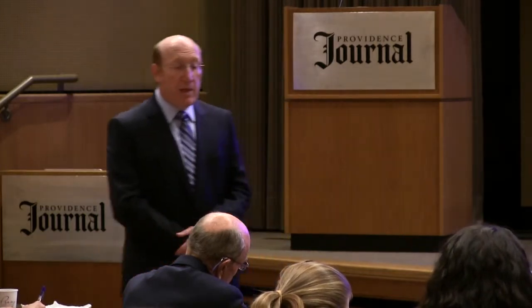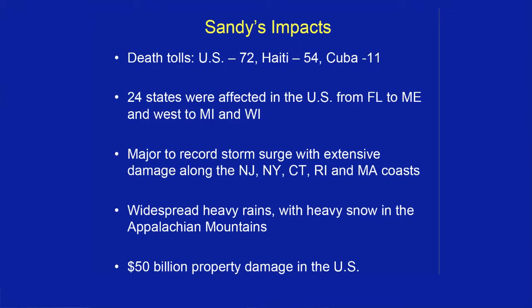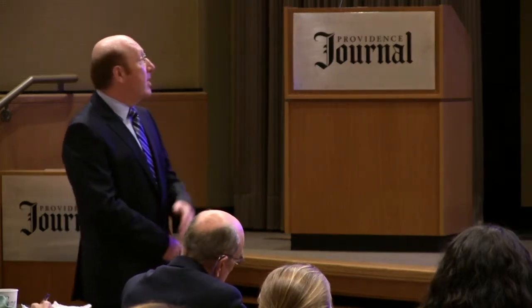Okay. So let's first remember the impact of the storm. The official death toll in the US was 72 people who directly died during the storm. The storm affected 24 states, from Florida to Maine and west to Virginia and Michigan.